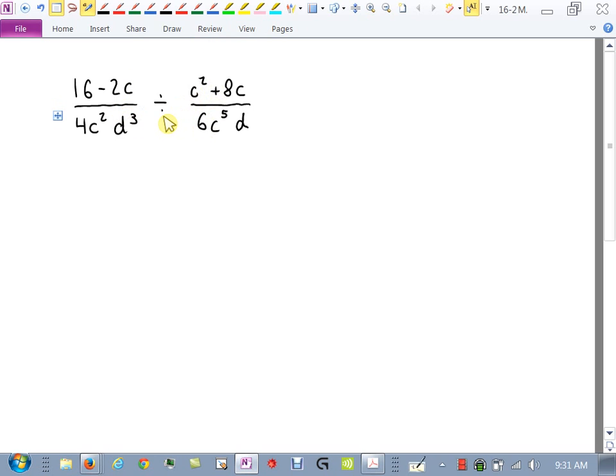So whenever we have division, we want to flip the second fraction over. So we'll just rewrite everything. So this is 16 minus 2c over 4c squared d cubed times 6c to the 5th d over c squared plus 8c.